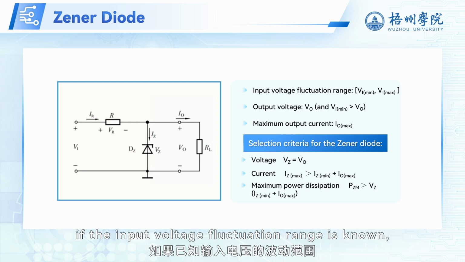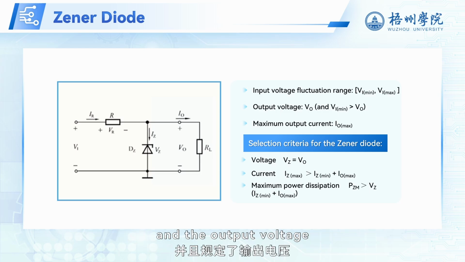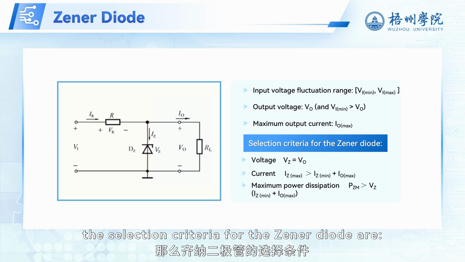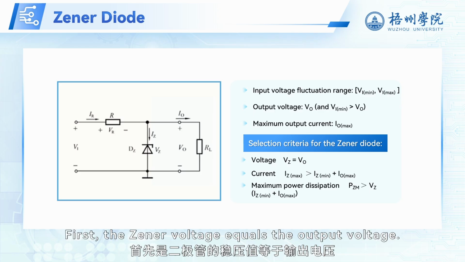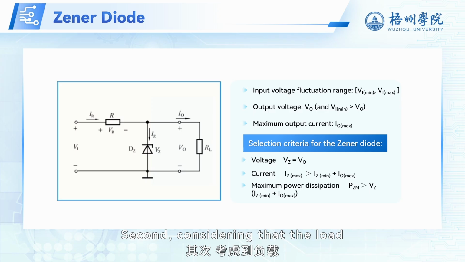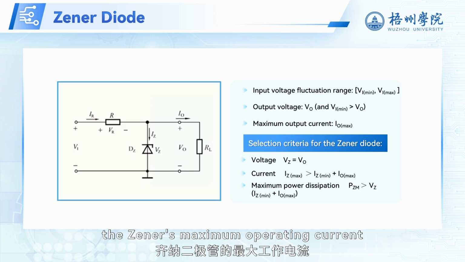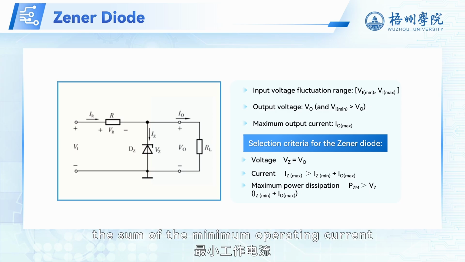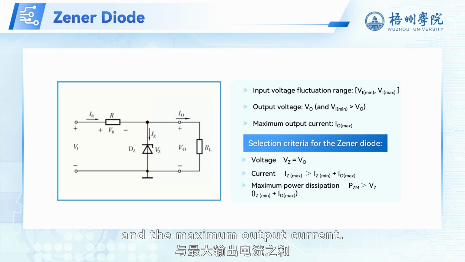For example, if the input voltage fluctuation range is known, and the output voltage and maximum output current are specified, the selection criteria for the Zener diode are: first, the Zener voltage equals the output voltage. Second, considering that the load may be disconnected, the Zener's maximum operating current must be greater than the sum of the minimum operating current and the maximum output current.